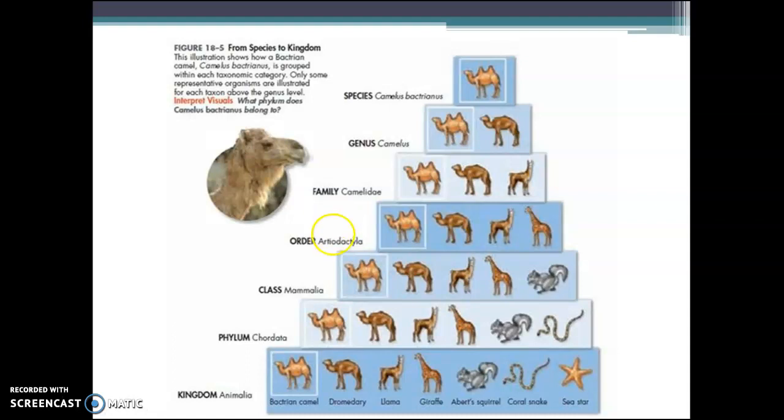Okay, you can see here in the order that the camel belongs to, we also see giraffes. We can see the class, the mammalian or mammals, we see a squirrel. And chordata, meaning it has a backbone, we see the additions of the reptiles. Okay, and so it makes a nice pyramid shape or a tree shape, where we get more specific as we go down that classification system.